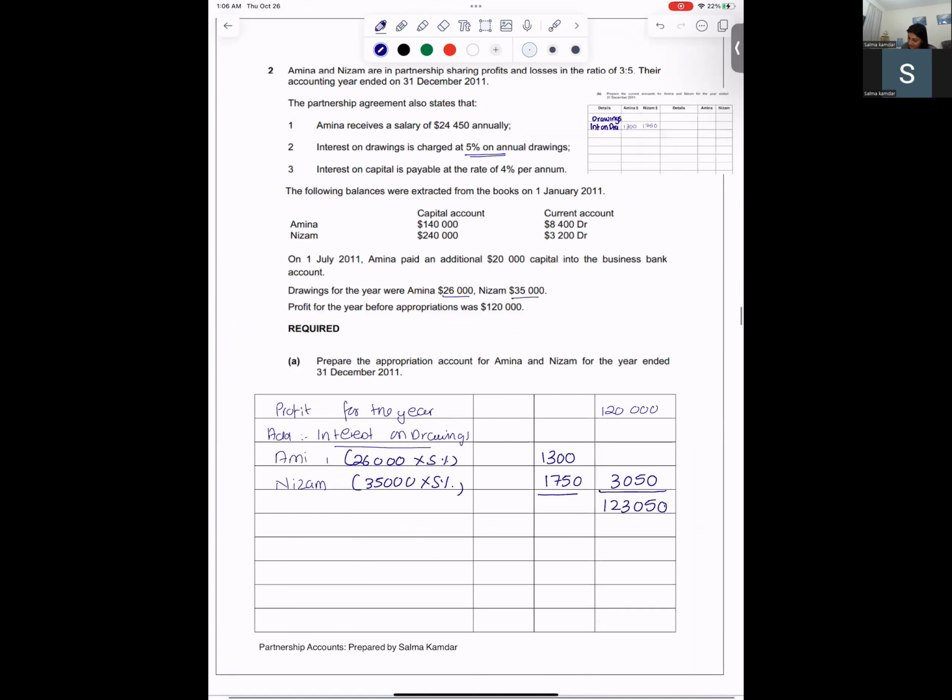What else? You would subtract the interest on capital. Interest on capital is 4%.